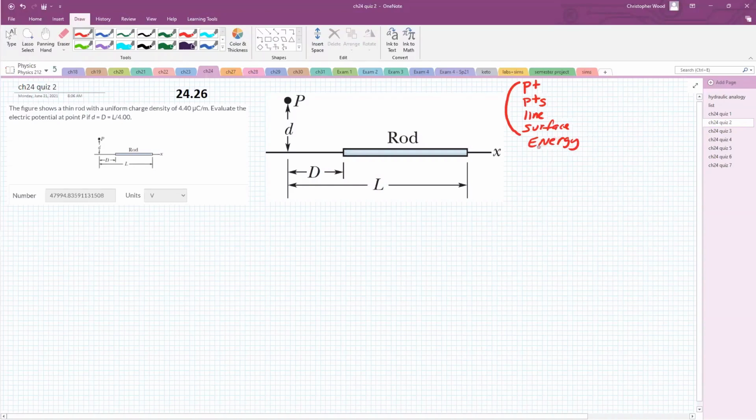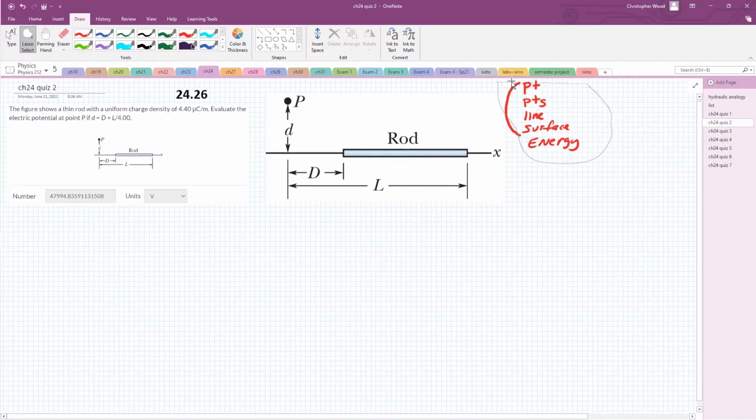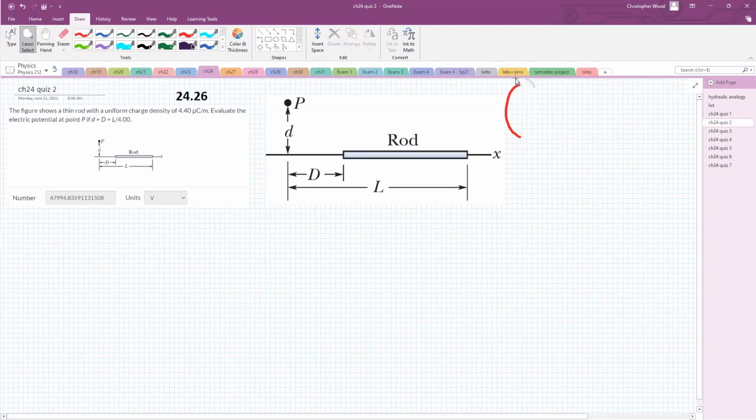And then on the flip side of this chapter is potential energy considerations, which is always sort of the final destination. When you do energy analysis, you know you've arrived at the highest level of analysis because it's the most powerful, the most utilitarian type of analysis.